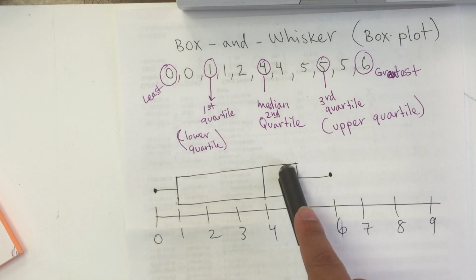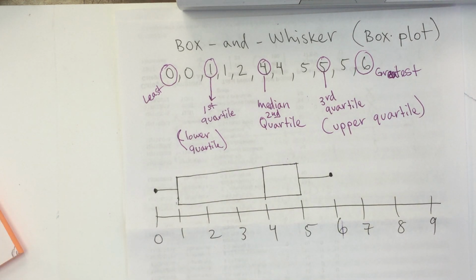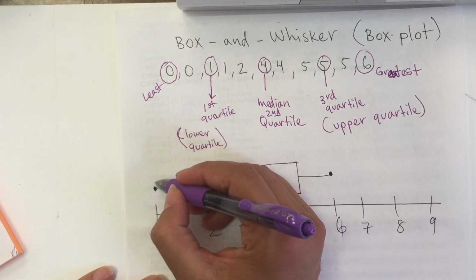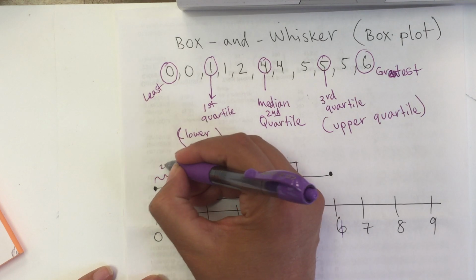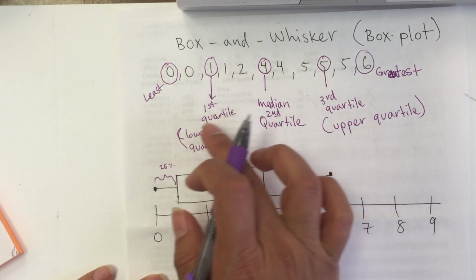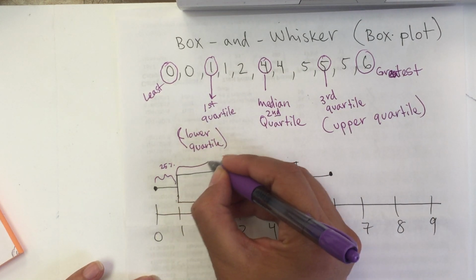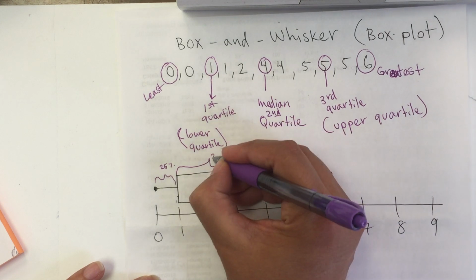So that's my box and whiskers. And so what does this information represent? It means that 25% of my data is right here. That's why it's quartile, from quarts, from quarter, from 1/4. Okay, 25% of my data stands here.